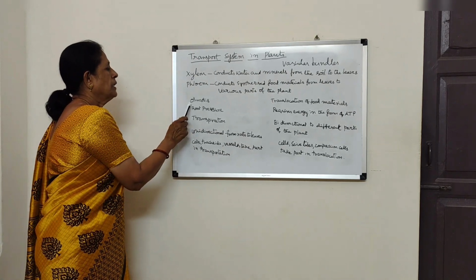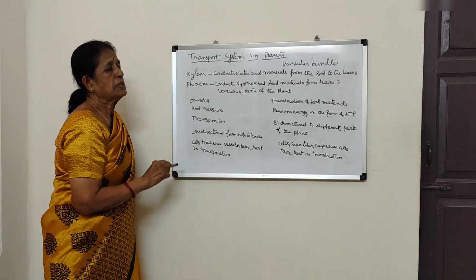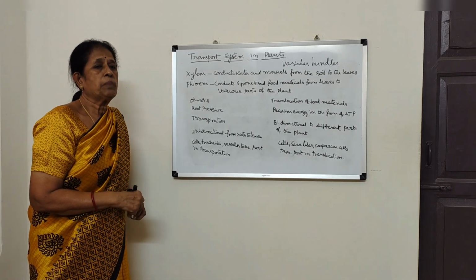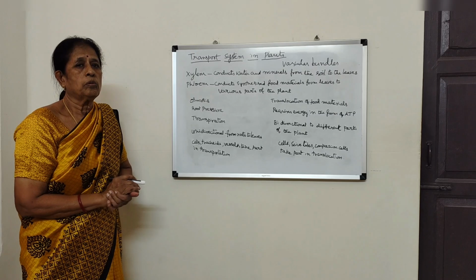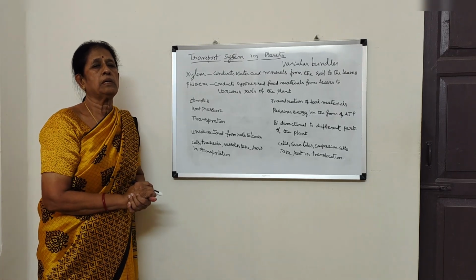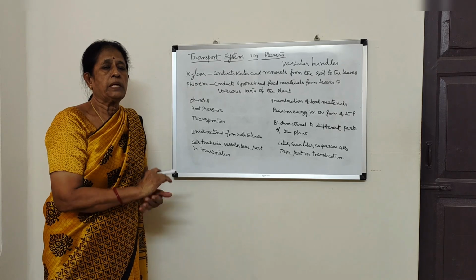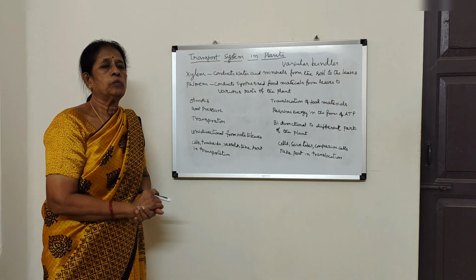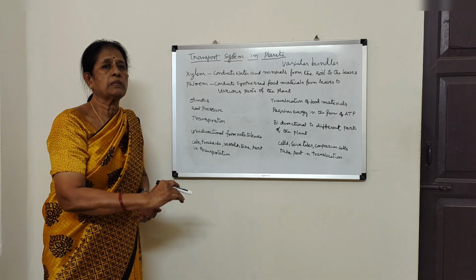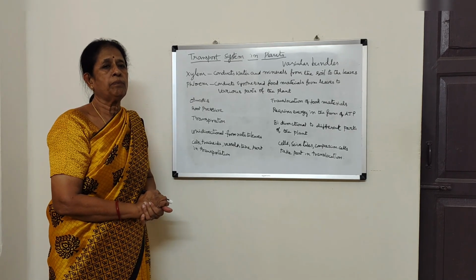So in the transportation from soil to the roots, osmosis is the process which plays an important role. Osmosis means when two solutions of different concentrations are separated by a semi-permeable membrane, molecules move from lower concentration to higher concentration till both the concentrations become equal.